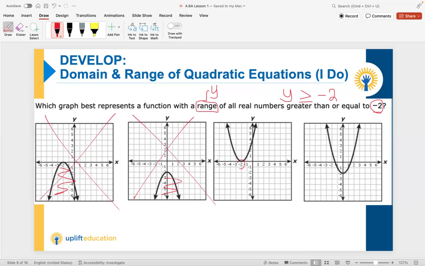There is a -2 here and also a -2 here. Well, here's the thing. This -2 is on the x-axis and this -2 is on the y-axis. If we're talking about the range and the range is the y, we're talking about the -2 with the y-axis. So that's why our final answer would be answer choice D.